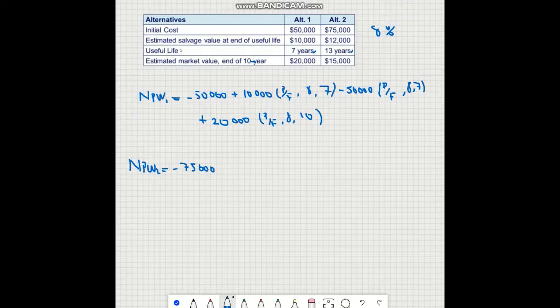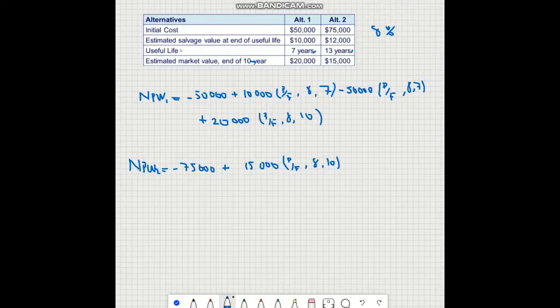However, it doesn't finish because the useful life is 13 years, but our terminal value is 10 years. That means we just need to add, instead of 12,000, just 15,000 after 10 years. So it's going to be P over F, 8% again, and 10 years.